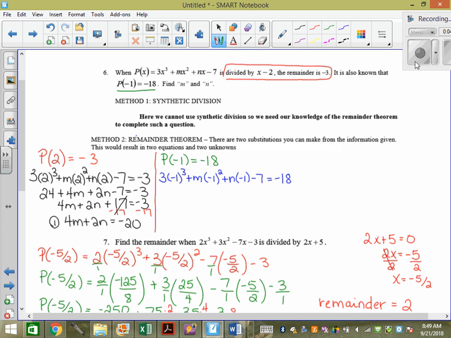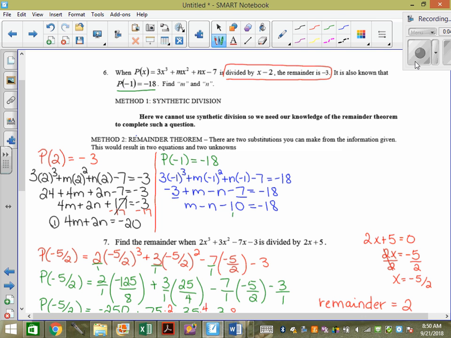Negative 1 cubed is negative 1 times 3 is negative 3. Negative 1 squared is 1 times m is m. N times negative 1 is negative n minus 7 equals negative 18. Negative 3 minus 7 is what? Minus 10.